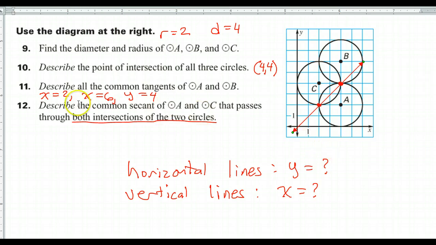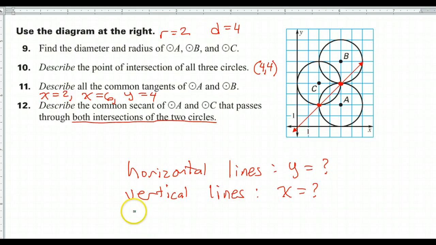Okay, so that is the common secant that they're talking about. And so when they say describe it, just like for number 11, we gave these little equations of those lines. Let's give a little equation of this line right here.